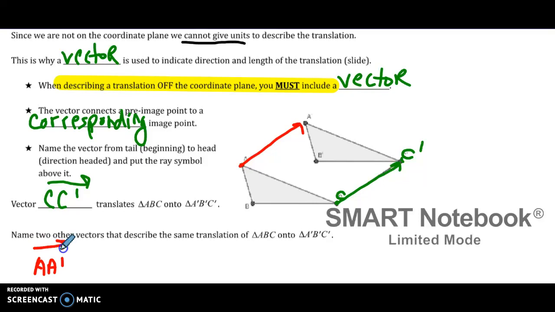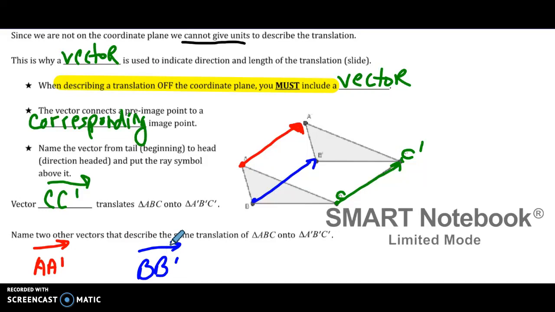And again, naming of the vector is the same as naming of a ray. You start with the endpoint, or where you began, and you extend towards where you are heading, or the head of the vector. So where you are going is at the end of the arrow. Or I could have named it B to B prime, vector B B prime.